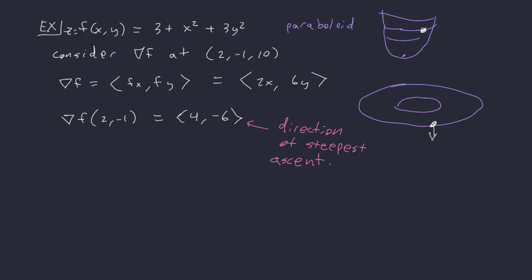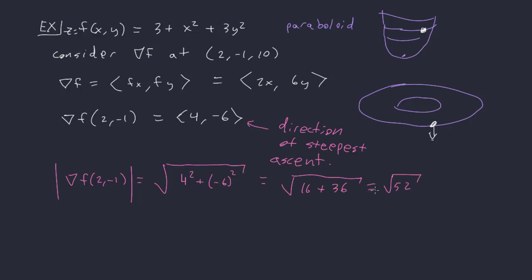Now, when I actually take the magnitude of this, right? Take the magnitude, that will give me 4 squared plus negative 6 squared, square root of all that. So that'll be square root of 16 plus 36. That'll be the square root of 52, right? Which is about 7.2-ish.